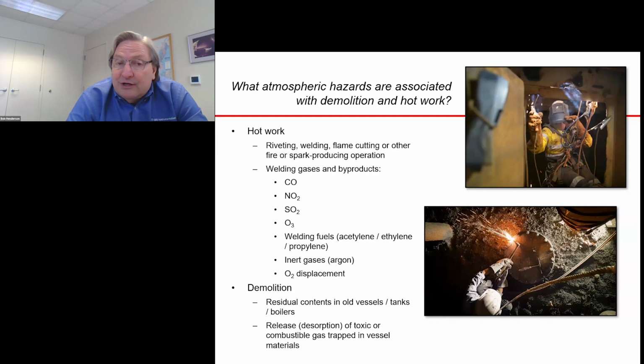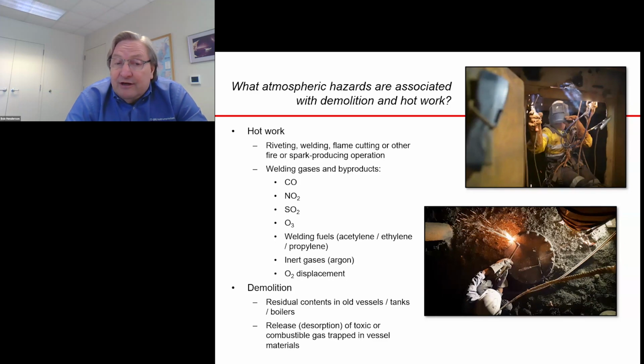You have the byproducts of combustion, CO, NO2, SO2, ozone. You have inert gas, often in TIG welding, where you're doing the welding under a purge of the inert argon.